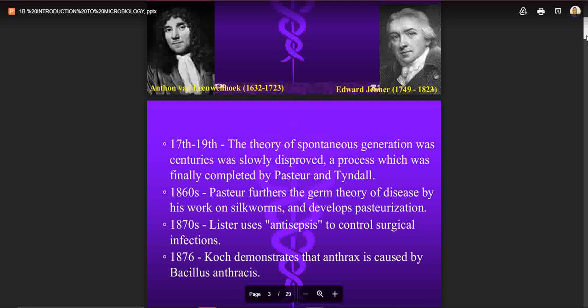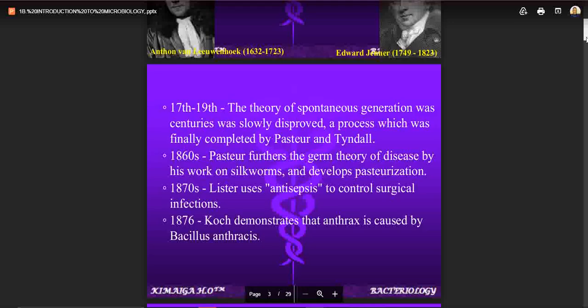And what is this theory of spontaneous generation? It stated that everything just happened to be in a spontaneous way, from nowhere, just in existence at once. It was slowly disproved, a process finally completed by Pasteur. I am sure you know Louis Pasteur and Tyndall.